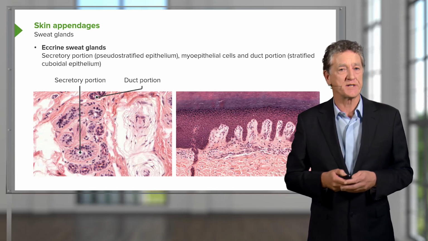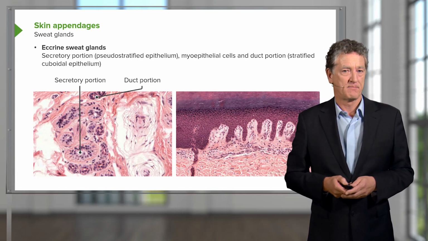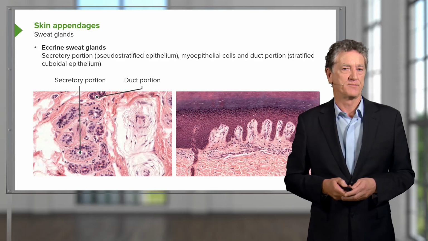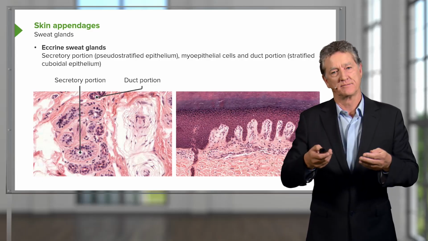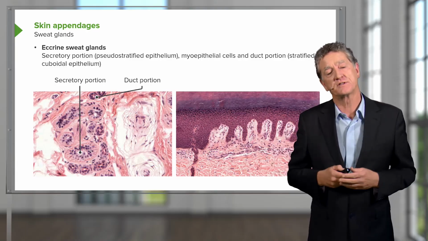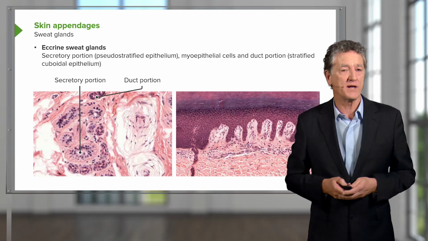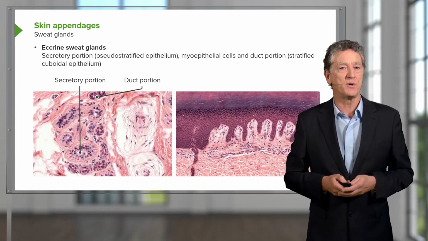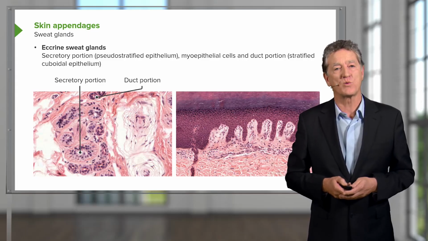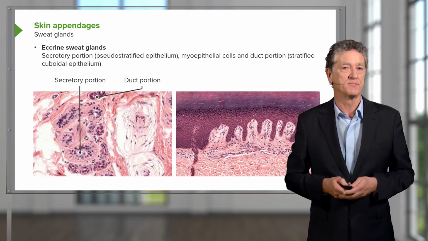Now, when we secrete sweat, we're doing two things. We're secreting water, which evaporates from the surface of our skin. So sweat has a thermoregulatory role. It cools the body. The evaporation of that water or sweat from the surface cools the body.